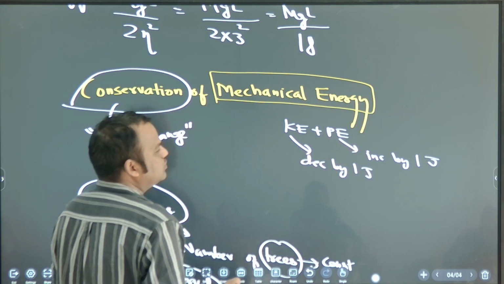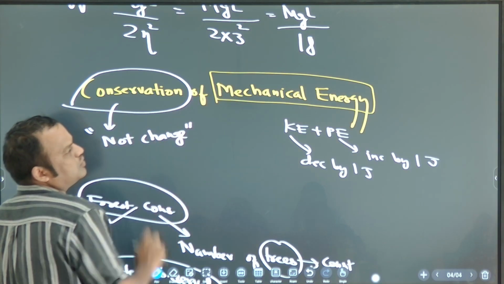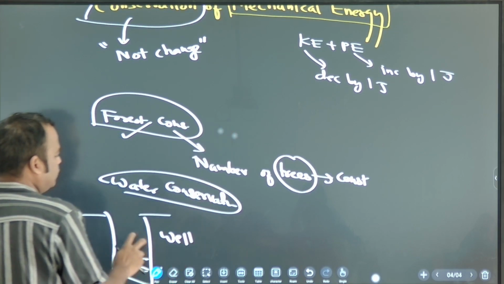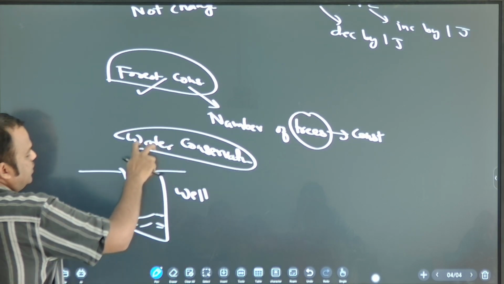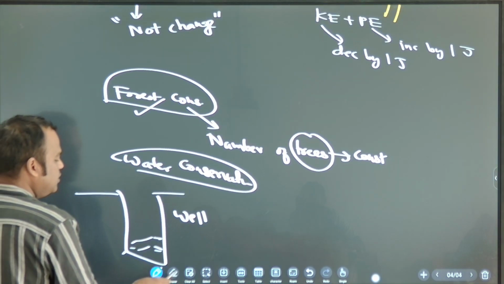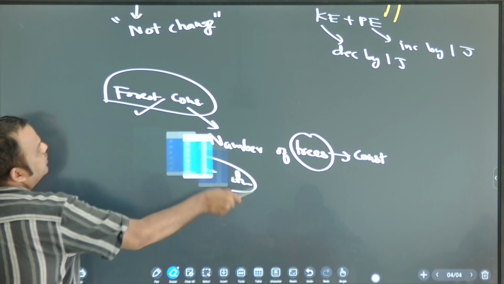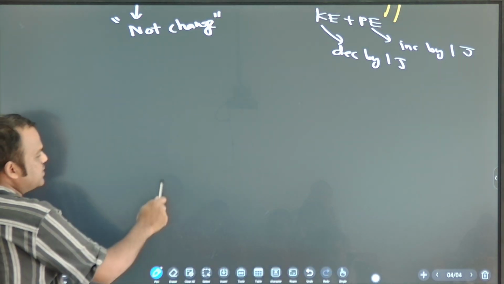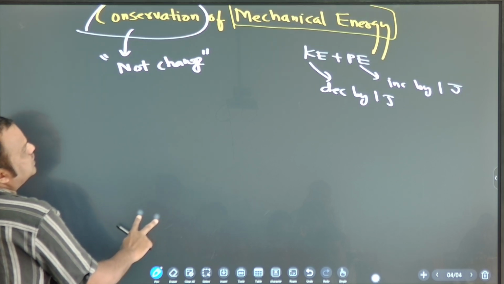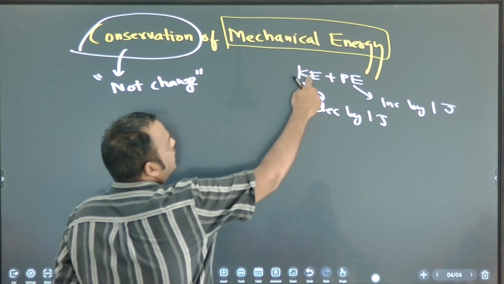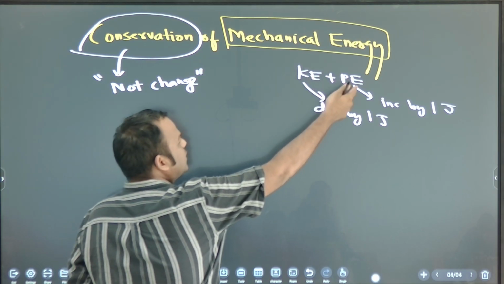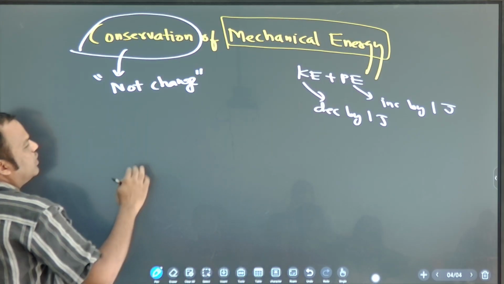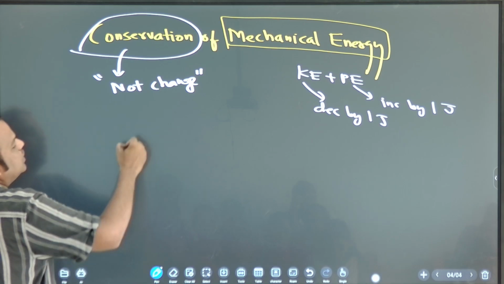That is known as conservation of mechanical energy. Kinetic energy is mechanical energy, potential is mechanical energy, both are mechanical energy, total mechanical energy. One is increasing, other should decrease. Understood?